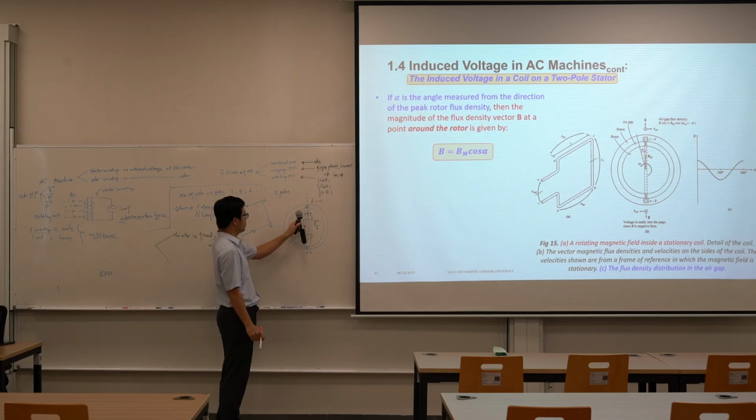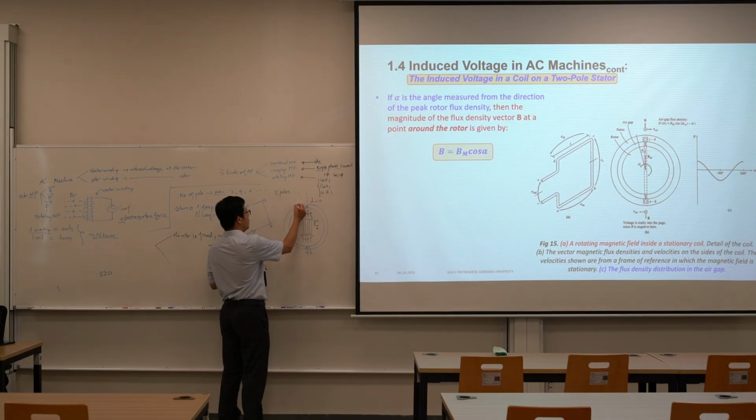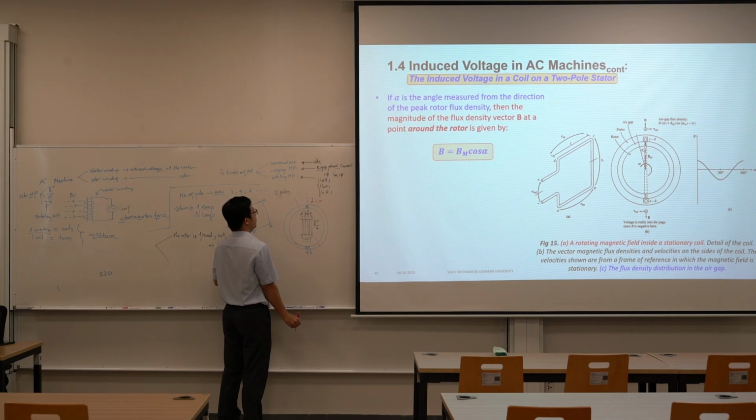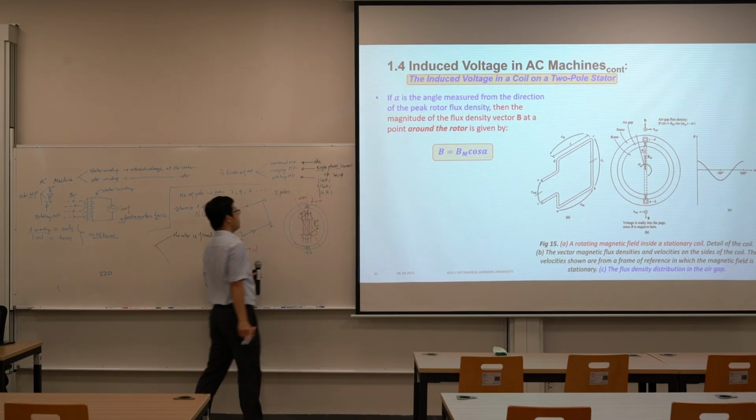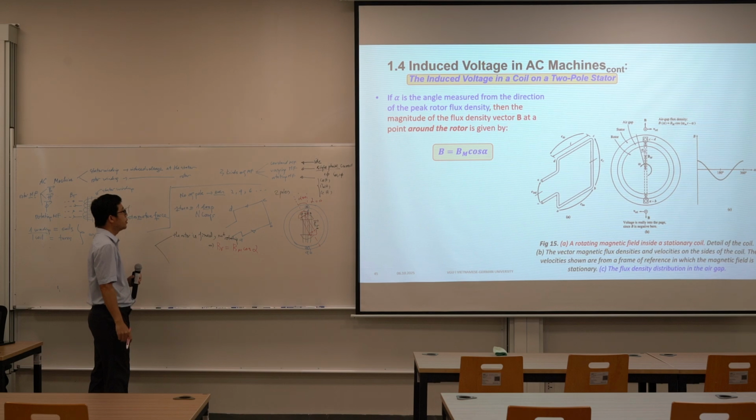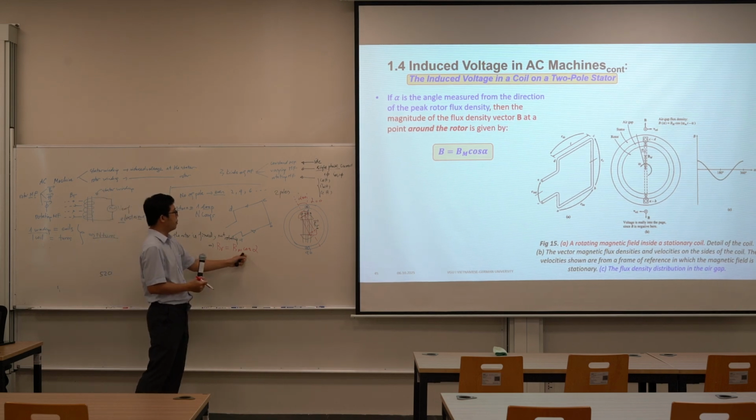If the position of the rotor is shifted a little bit, for example, here is the rotor, we can get different alphas. So in general, we have this one.